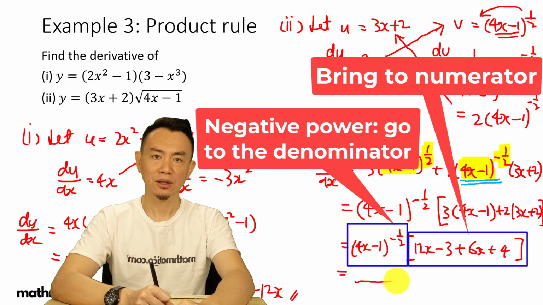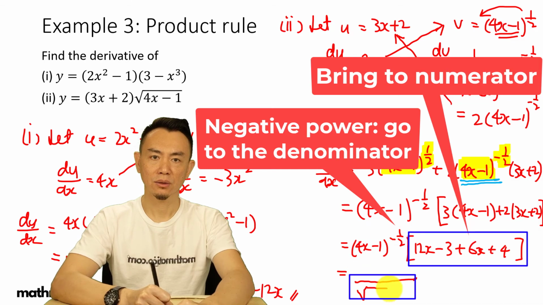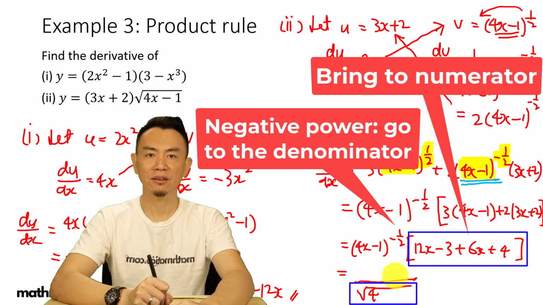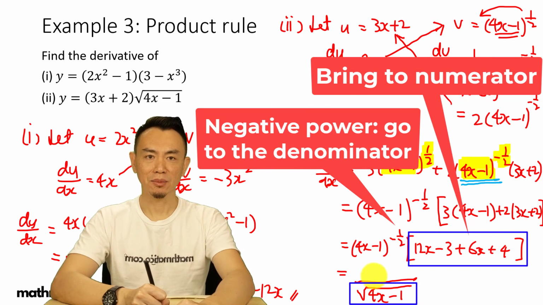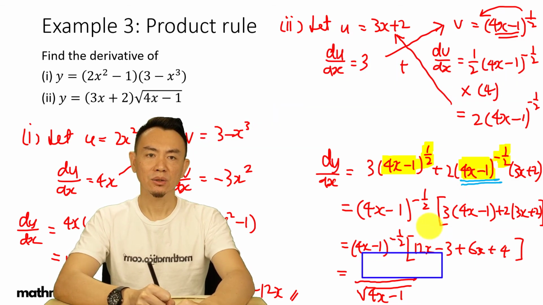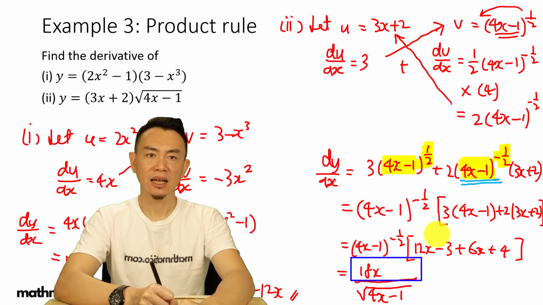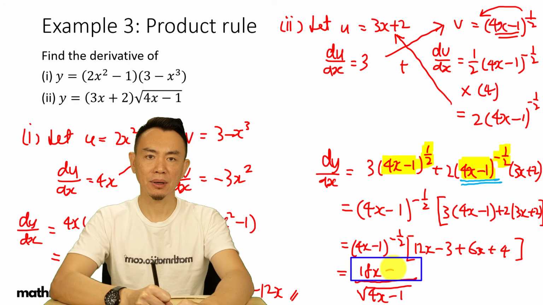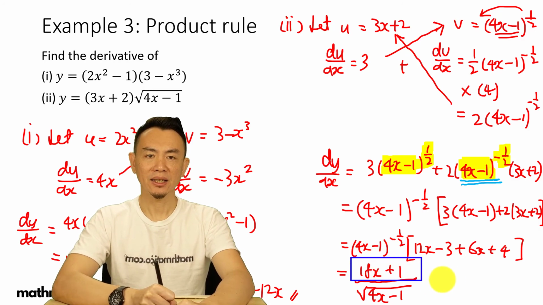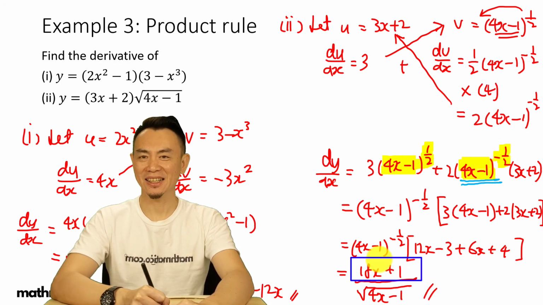So I'm going to write it as a fraction with the square root, because power half is the square root. Square root of 4x minus 1 in the denominator. Then in the numerator, 12 plus 6 is 18, x. Negative 3 plus 4 is plus 1. Alright, so that's our final answer.